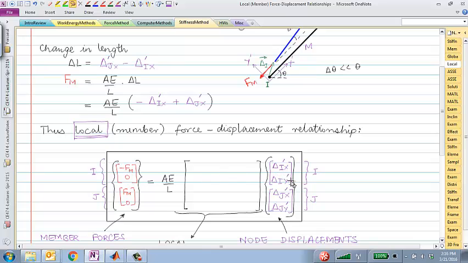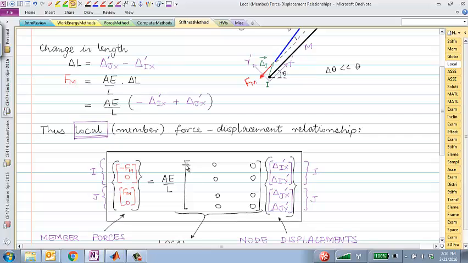If displacement in the y prime component does not affect the force, then would it be okay to say that the second column is all zeros and the fourth column is all zeros, right?